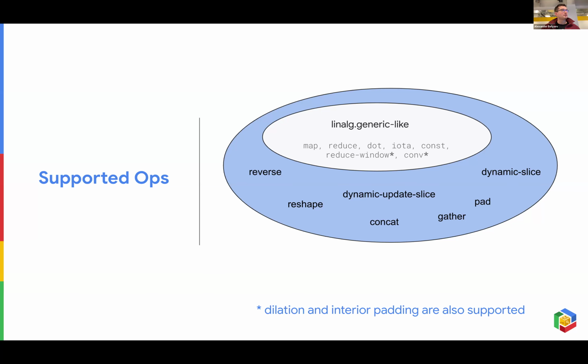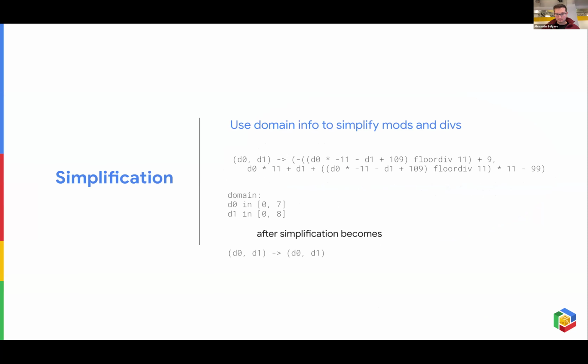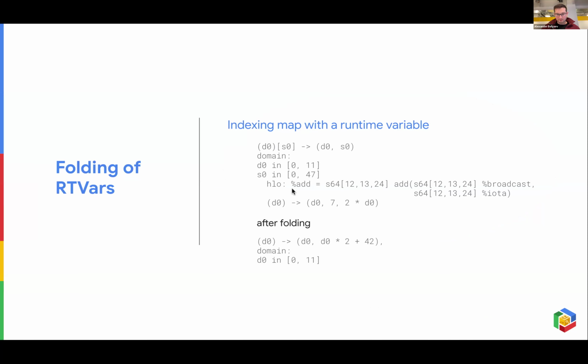But also, if we are in MLIR, instead of an HLO instruction for the runtime variable, we'll have to use some MLIR construct instead, which is also easy to unify. We just didn't have a need for that yet.